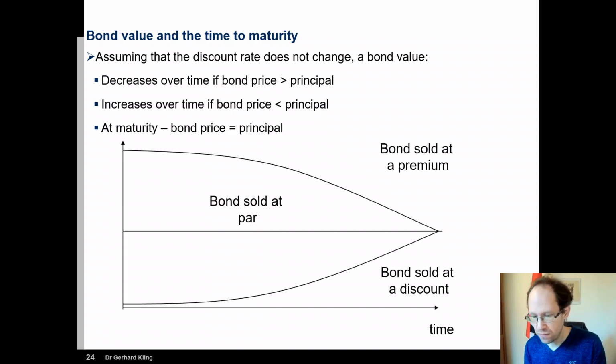So one important feature is that if the company does not default, so under the condition there is no default, at the end of the life of a bond, so at maturity, the bond value has to be equal to the money you get, which is your par value or your principal. So at the end of maturity, once you hit that point, the value of a bond, assuming there hasn't been any default, is equal to the principal.